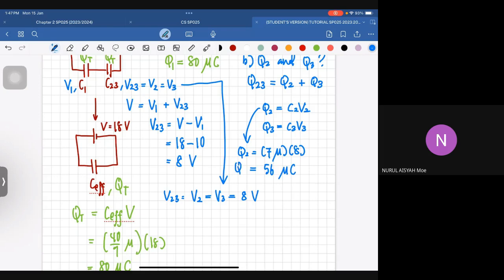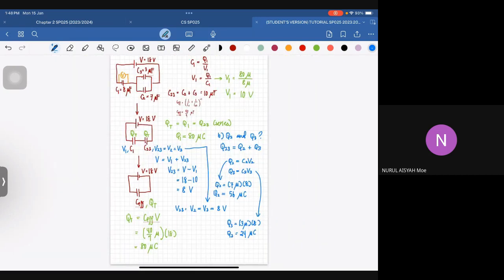So that is the charge across capacitor 2. Do the same for capacitor 3. So that is 3 micro times 8, which is 24 microcoulomb. So this is the amount of charge across capacitor 3. Okay, that is for questions A and B.